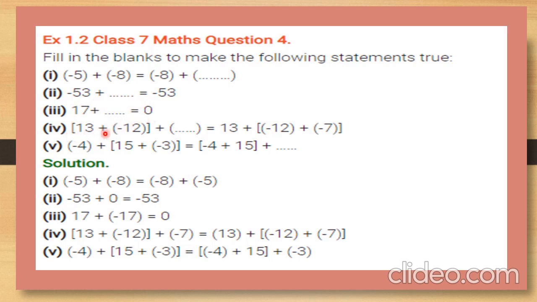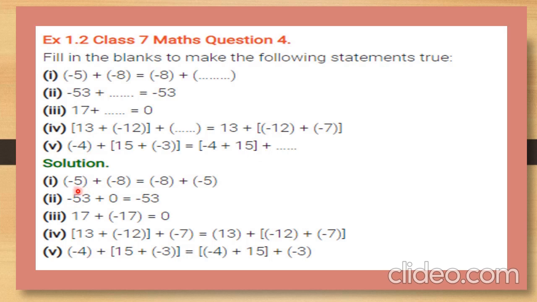Fourth one, 13 plus (minus 12) plus blank equal to 13 plus (minus 12 plus minus 7). And fifth question, minus 4 plus (15 plus minus 3) equal to minus 4 plus 15 plus blank. So let us see the answers.